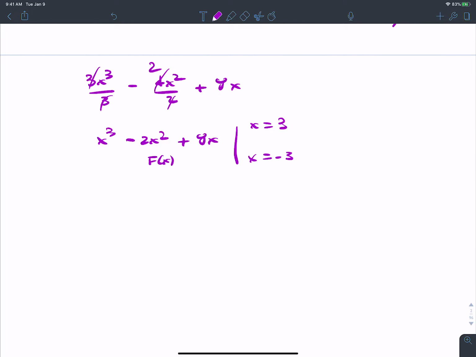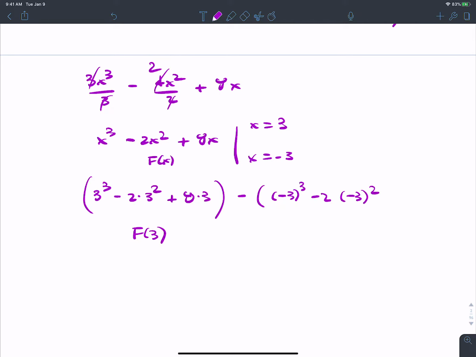And so now let's verify that f of 3 is going to be 3 cubed minus 2 times 3 squared plus 8 times 3. This is my first antiderivative, right? Evaluated at 3, minus -3 cubed minus 2 times -3 squared plus that 8 times -3. And that's f of -3 here.